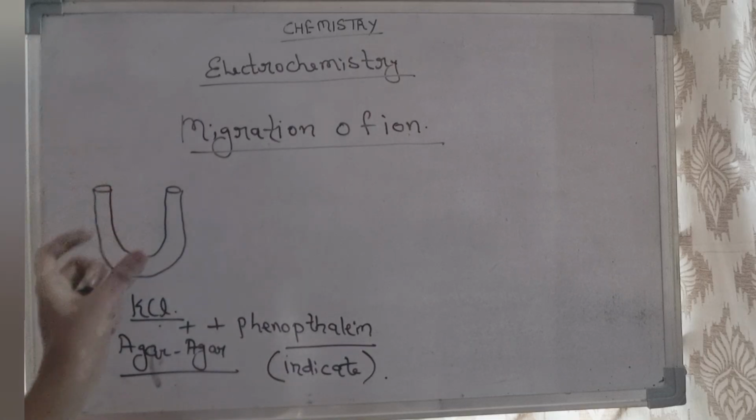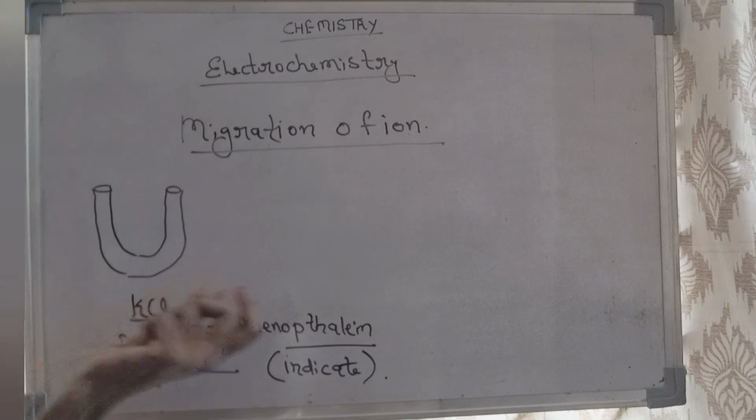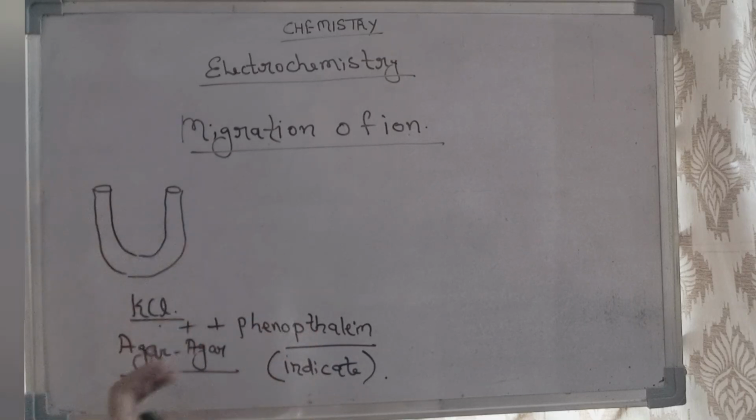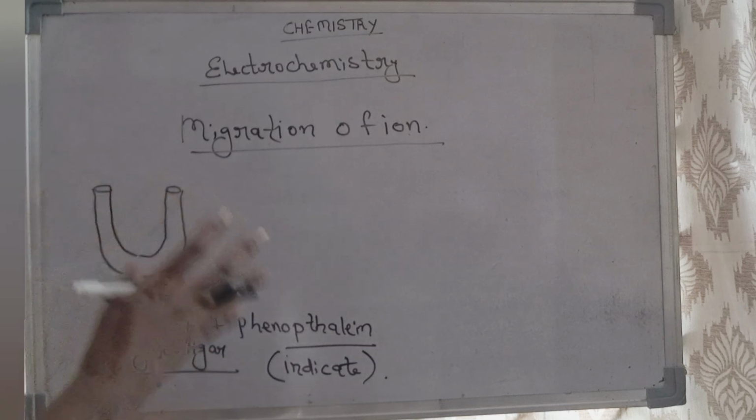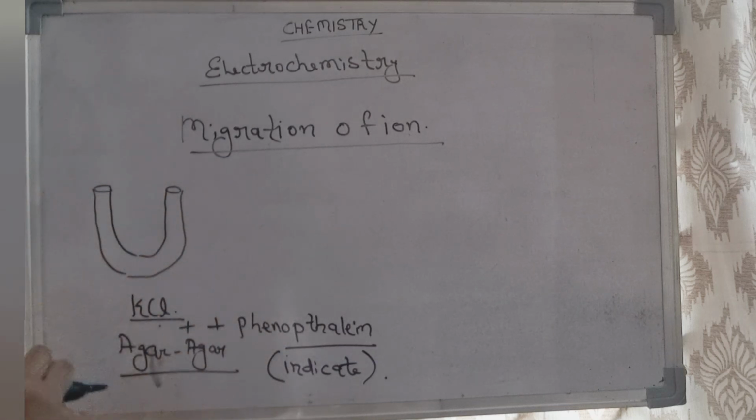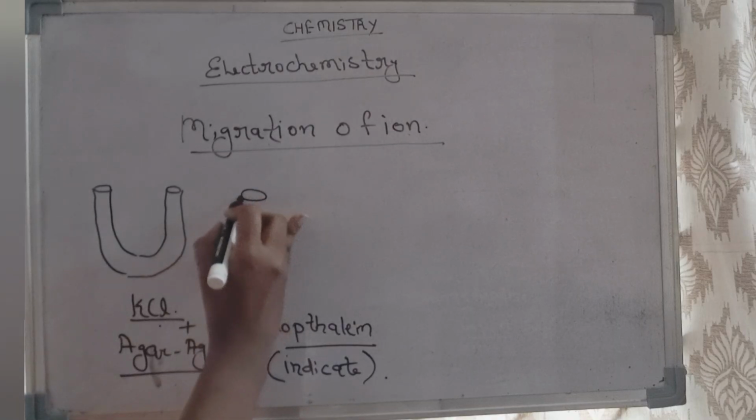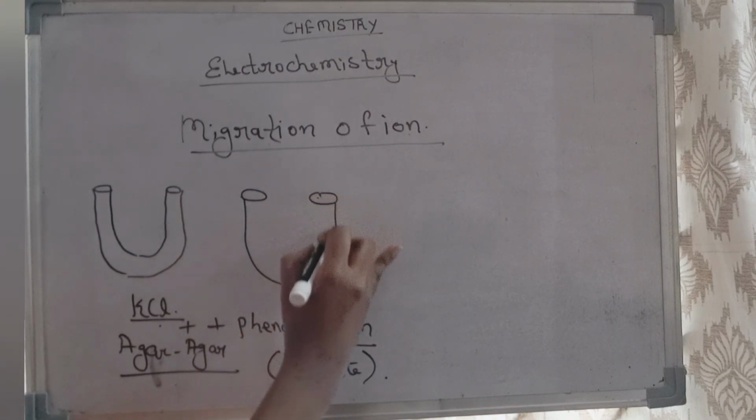So in this U-tube you will have the KCl as a very strong electrolyte, agar-agar, and the phenolphthalein indicator. So three things you have to pour in this particular U-tube. I have taken these three together, and after some time it gets a semi-jelly-like structure, and then you have to pour the acid and base in it.